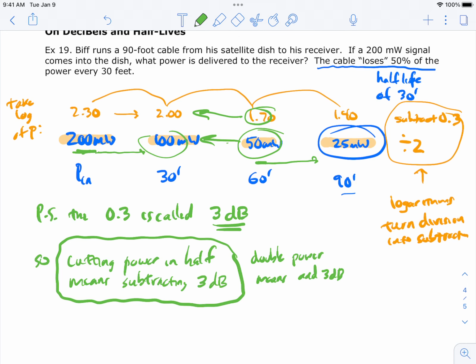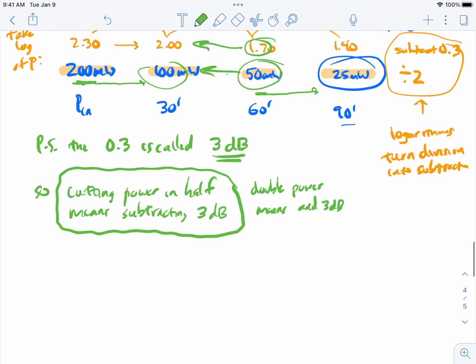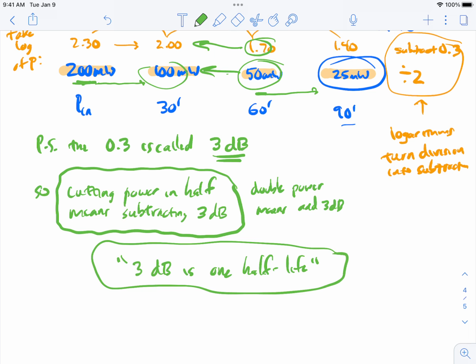So that dividing by 2, dividing by 2, dividing by 2 becomes, in terms of logarithms, in terms of decibels, subtracting. 3 decibels is 1 half-life. If you're going to be an ultrasound tech, you can't graduate without knowing that. 3 decibels is 1 half-life.